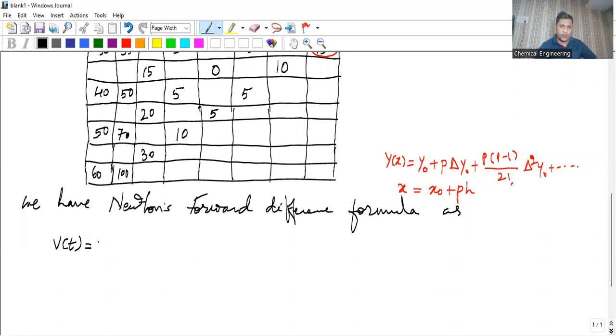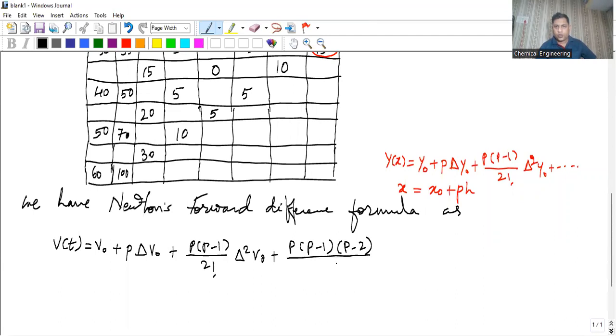This is going to be v0 plus p times delta v0 plus p into p minus 1 by 2 factorial delta square v0 plus p into p minus 1 into p minus 2 upon 3 factorial delta cube v0, and so on.